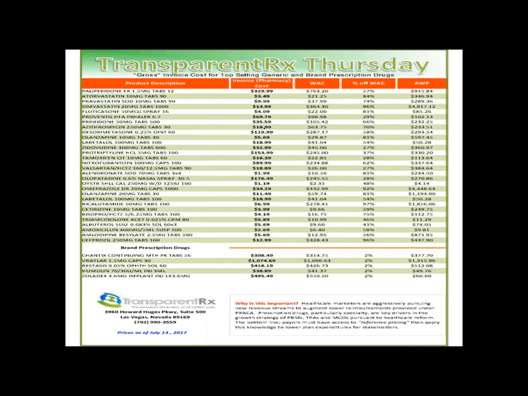And when I say actual cost, I'm saying what the pharmacy paid to put the product on the shelf. The two reimbursement methods that we just talked about were AWP and MAC.